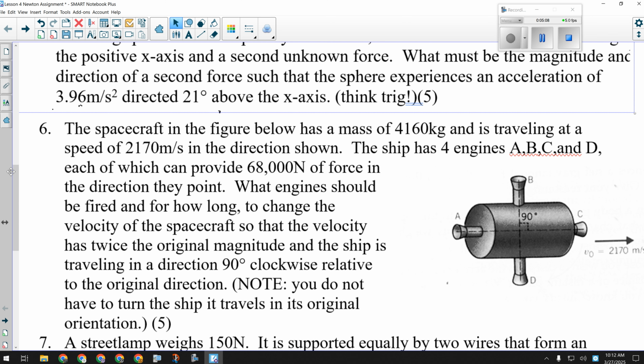That's what you're doing here. And to simplify the question, the engines are either on or off. There's no throttle. When they're on, they exert 68,000 newtons worth of force. That's it. All you have to do is tell me which engines you fire and for how long. So it's probably a bit of an acceleration problem as well.